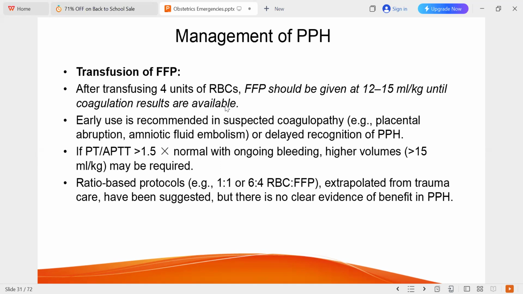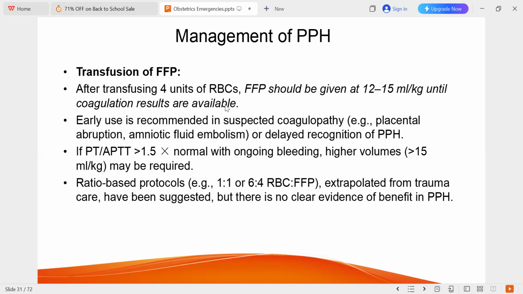Early use is recommended, especially in patients with risk factors for coagulopathy, such as placental abruption, amniotic fluid embolism, or delayed recognition of PPH. All right. And make sure that your prothrombin time and APTT are more than 1.5 times normal, especially with ongoing bleeding.